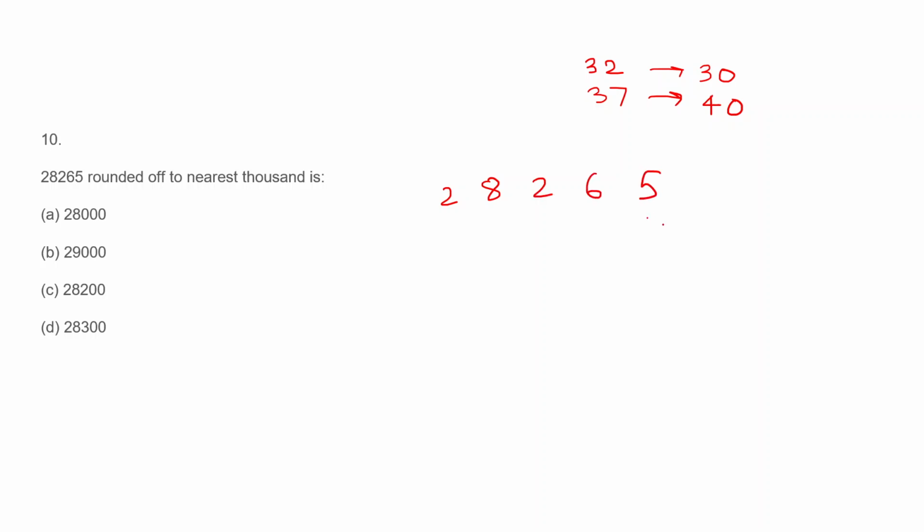This is unit, 10, 100, 1000, 10,000. This is how we count, right? So we need to round off till here. That means we need to consider this 265. Since this value is less than 500.